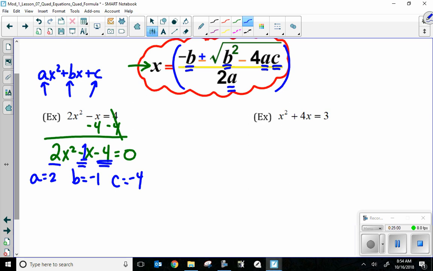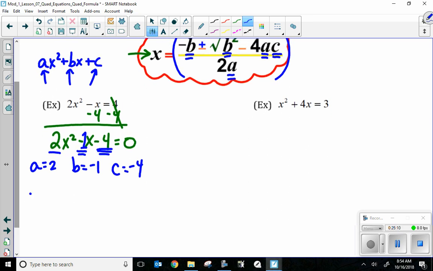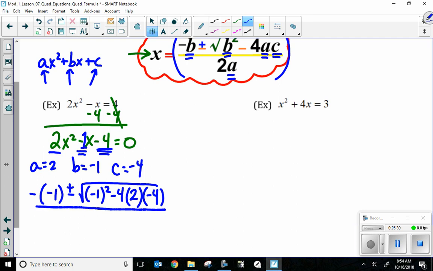Those three values, I'm simply going to plug in my letters for my quadratic formula and just solve it, and that's it. Okay? So I have negative b, which is negative 1, plus or minus the square root of b, negative 1 squared, minus 4 times a, which is 2, times c, which is negative 4, all over 2 times a, which happens to be 2.